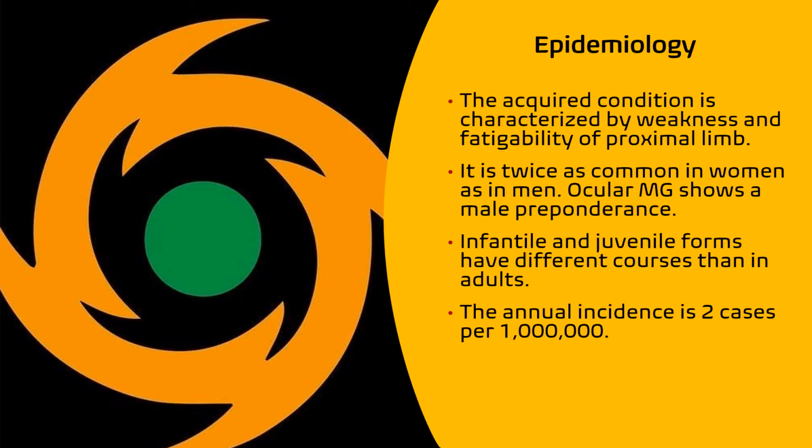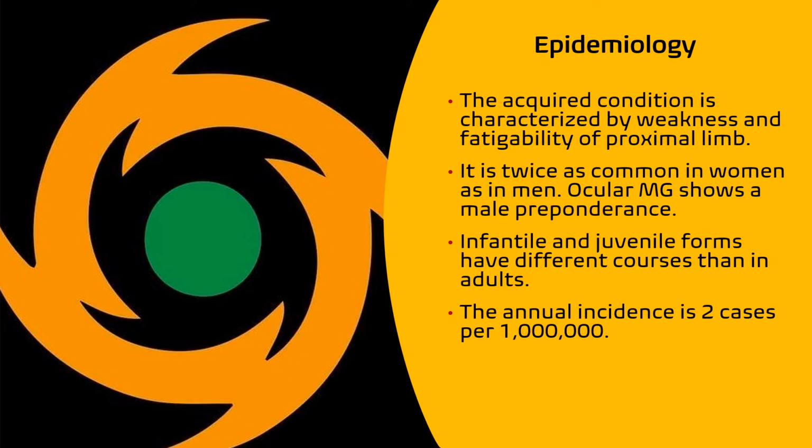From an epidemiological perspective, the acquired condition, myasthenia gravis, has been characterized by weakness and fatigability of proximal limbs.